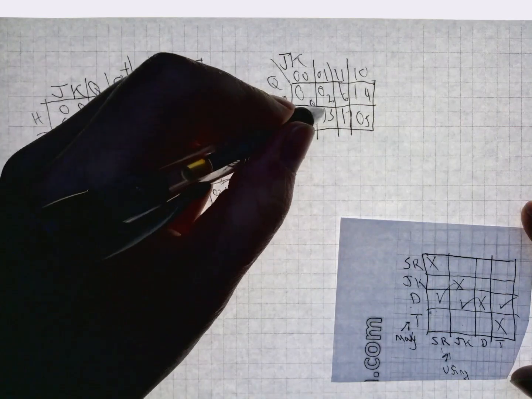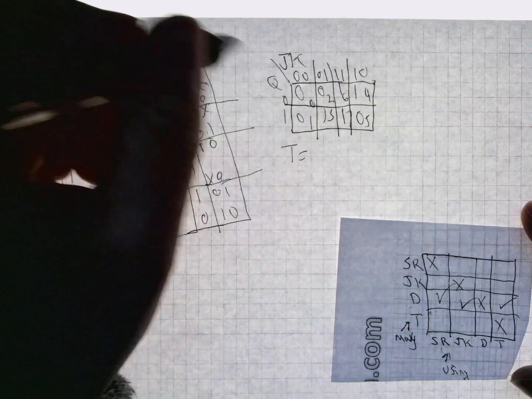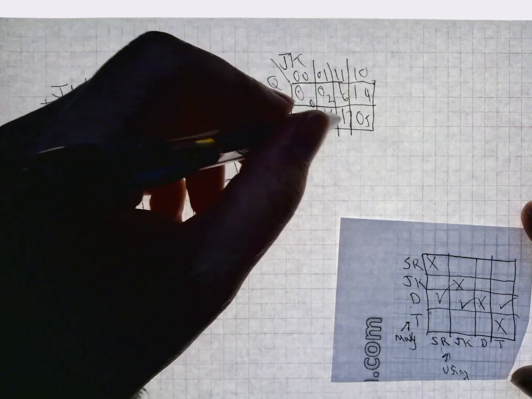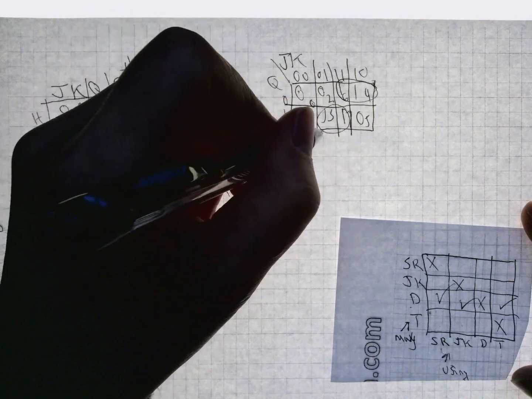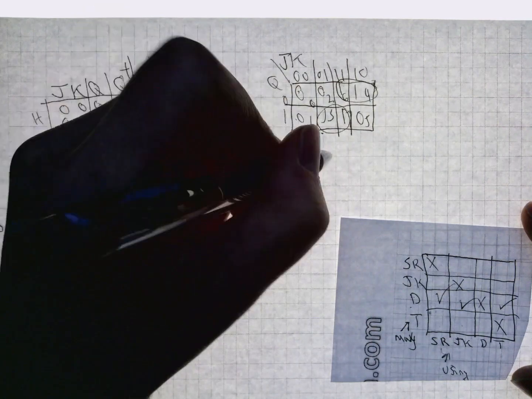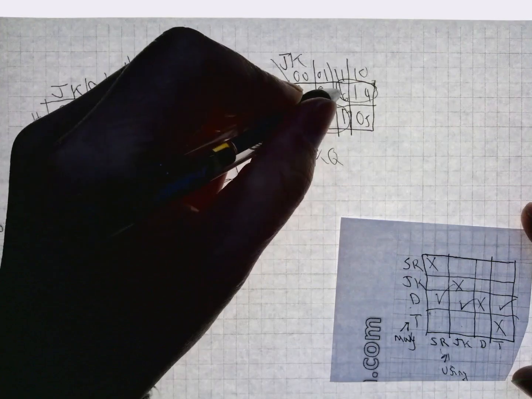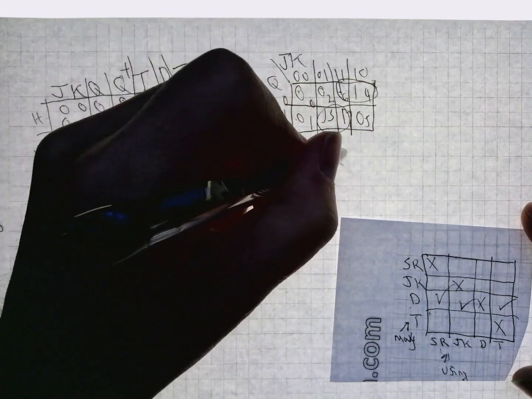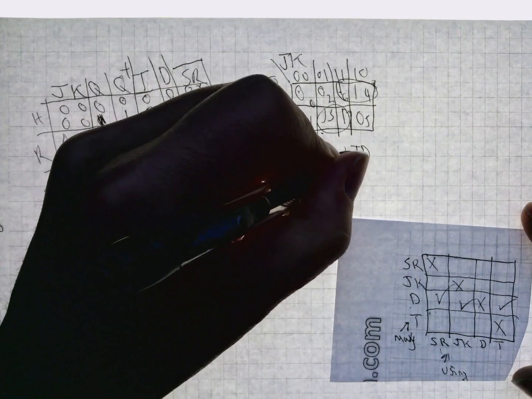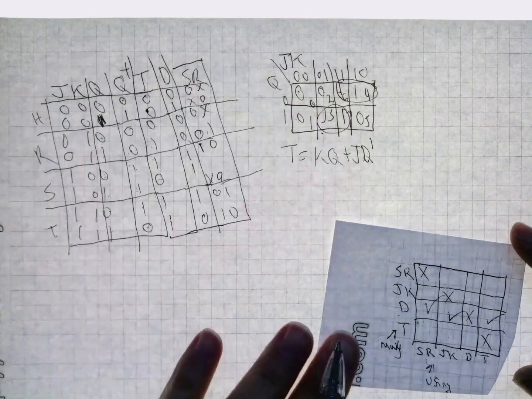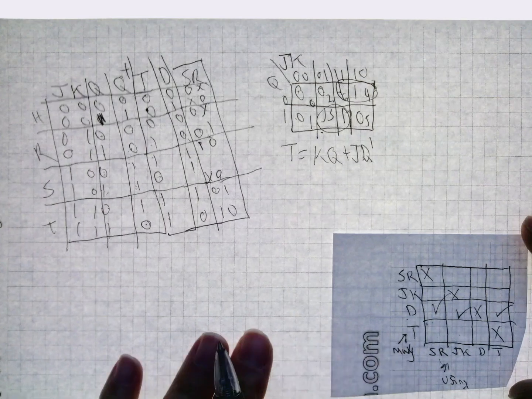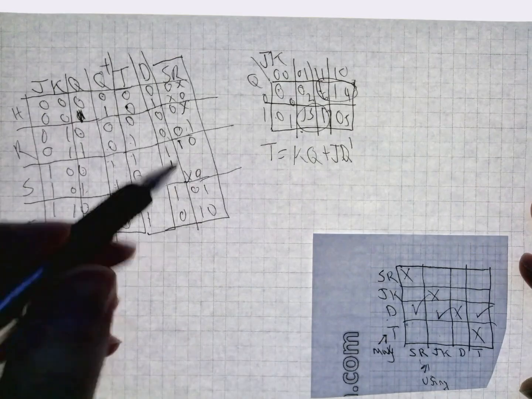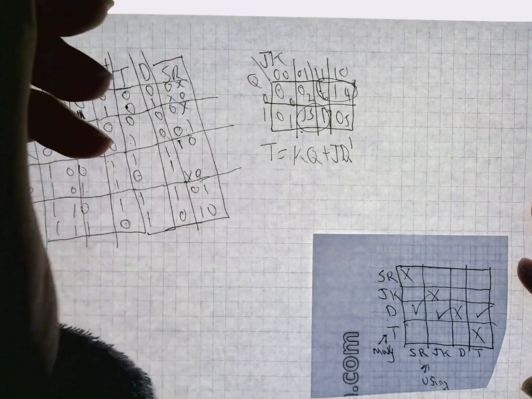And now I can write out T equals, and you can loop here, and you can loop there. For that loop there, that's going to be K, Q. And this here is going to be J, Q prime. Okay, got that right.